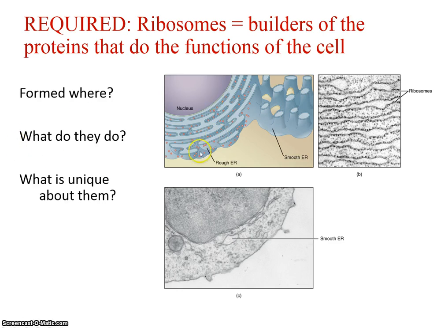They have ribosomal RNA that acts like an enzyme, they bind to messenger RNA, and they have a binding site for transfer RNA that we're going to look at later. All these components get together out in the cytoplasm and build the primary structure of proteins, amino acid after amino acid. The unique thing about them is that they do not have an actual membrane. This blue here is supposed to be a membrane.